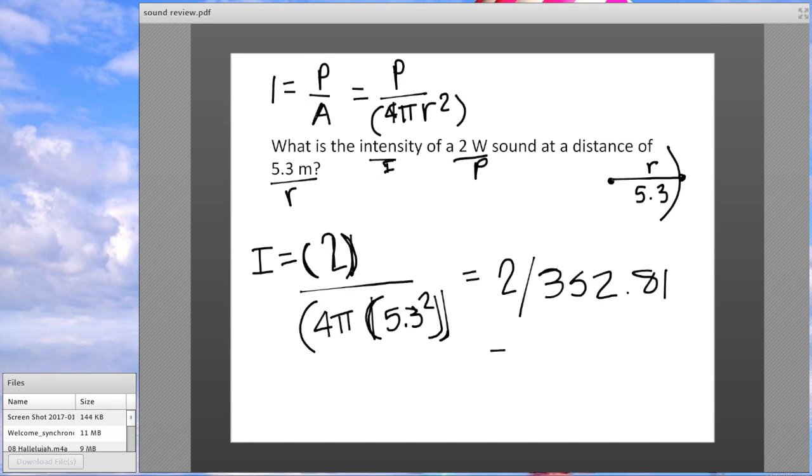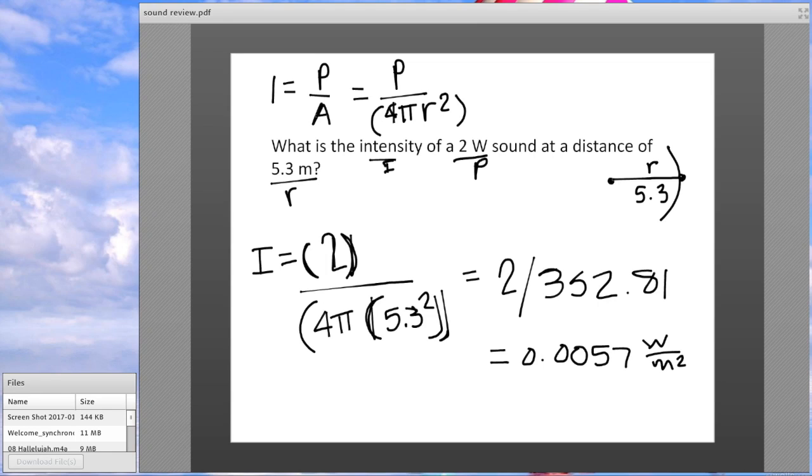Okay, and I'm going to get a small number, that's okay. We get 0.0057 watts per meter squared.